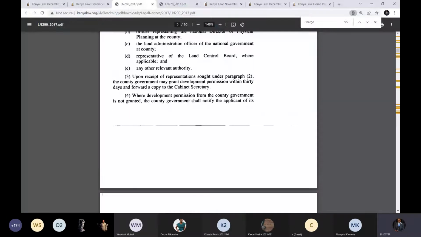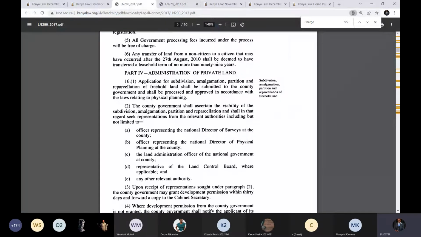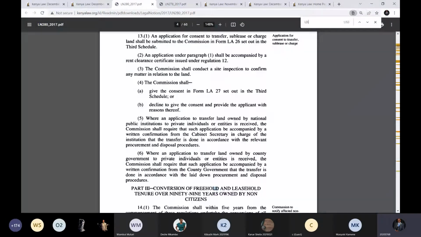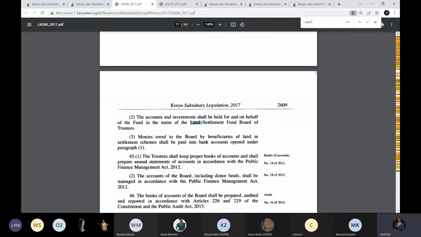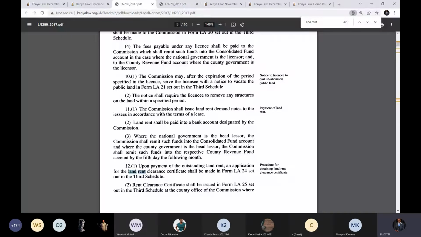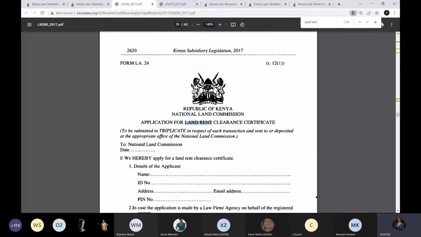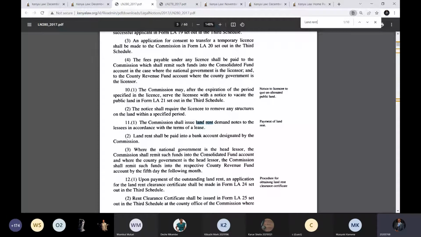You can have the head lessor being the county government. If the head lessor is the county government, you'll pay the land rent to the county government. If the head lessor is the national government, you will pay it to the national government. But for rates, that's the county government alone.